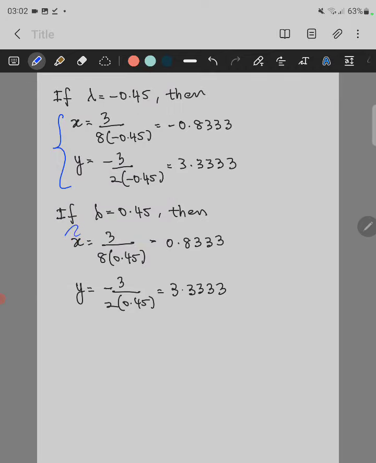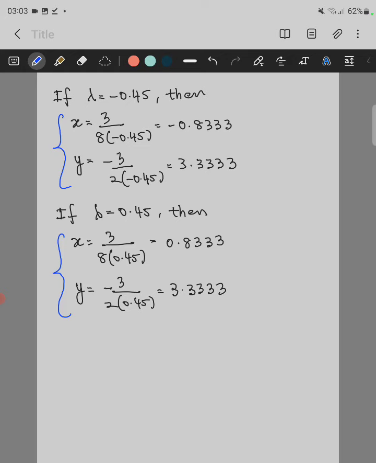So this will be the second solution: if lambda equals 0.45, then x equals 0.833 and y equals 3.33333.